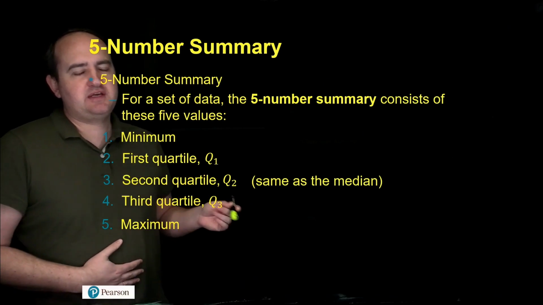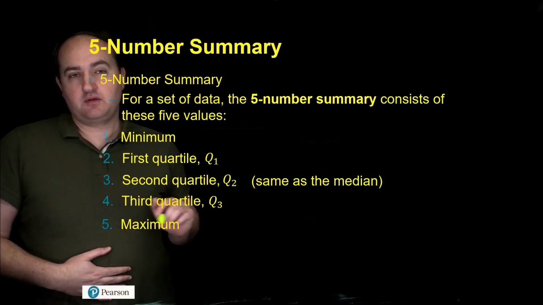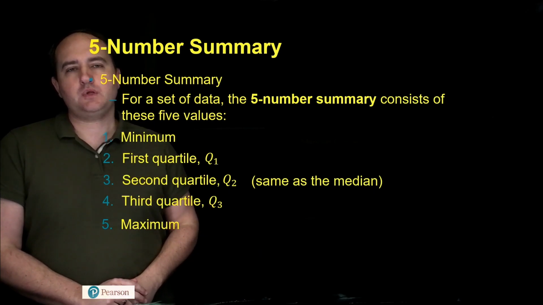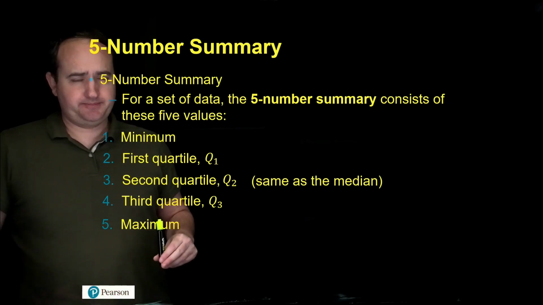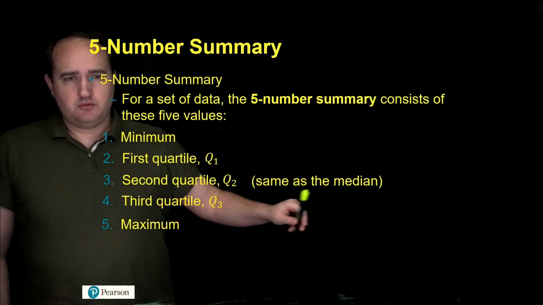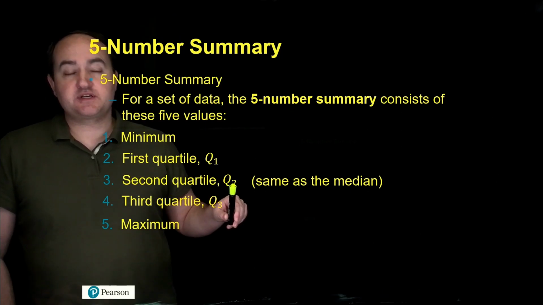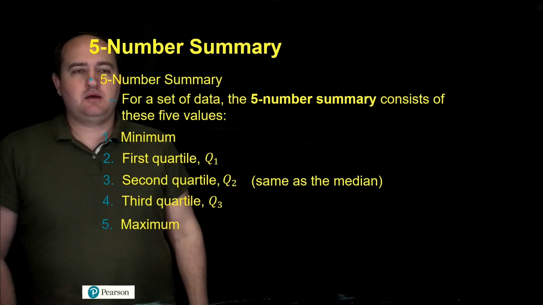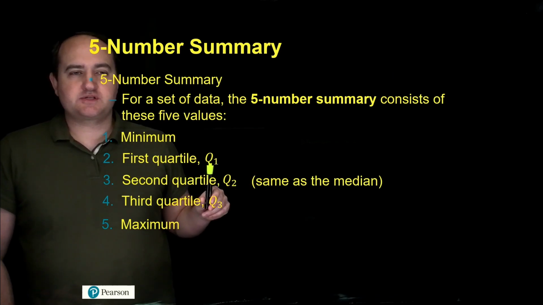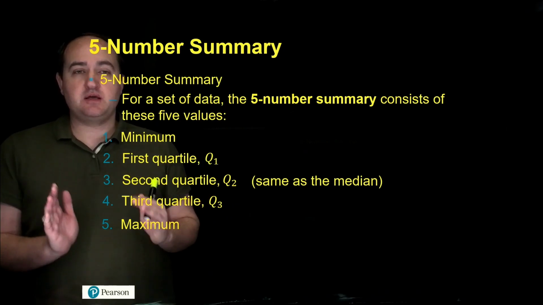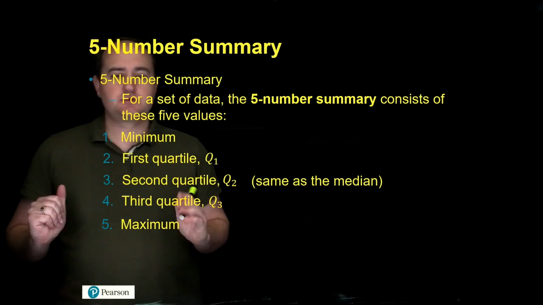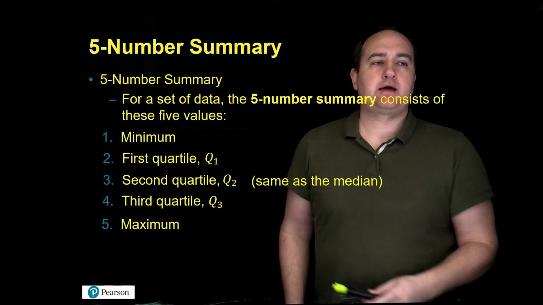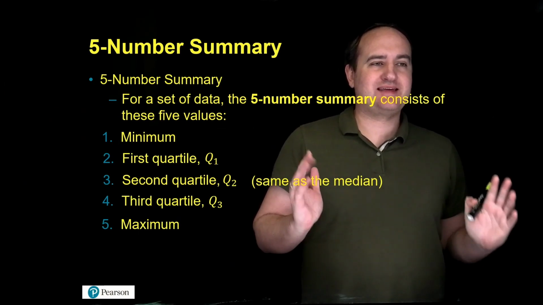But I will show you an even easier way. First you calculate the second quartile, Q2, by finding the median of the entire data set. Then the first quartile is the median of the first half of the data values, and the third quartile is the median of the second half of the data values.